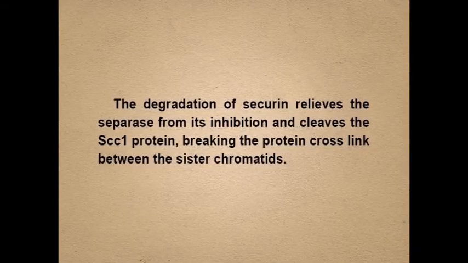Once all the kinetochores of the sister chromatids have attached to the spindle microtubules, a protein called CDC20 directs another multiprotein complex called anaphase promoting complex to polyubiquitinate securin and target it for degradation. The degradation of securin relieves the separase from its inhibition and it clips the SCC1 protein, breaking the protein's cross-link between the sister chromatids.